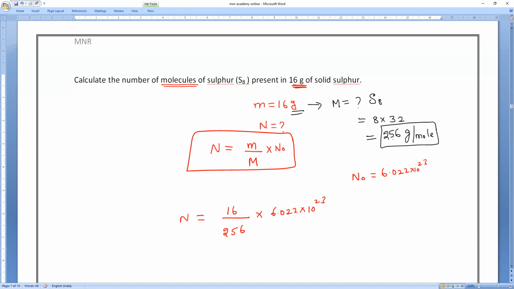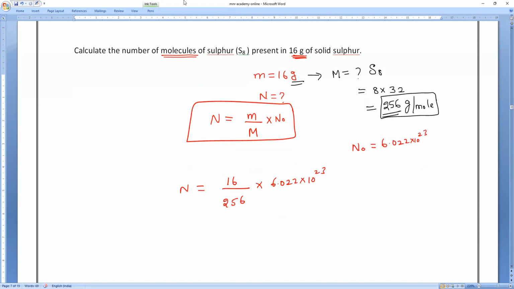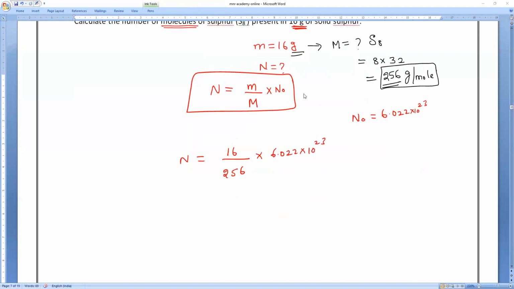Observe very carefully. 256 is the square of something. Can you tell me what? If you know squares, you can solve very easily. 16. 16 square is 256. So it is 1 by 16 into 6.022 into 10 power 23. Clear, everybody? So finish the answer.